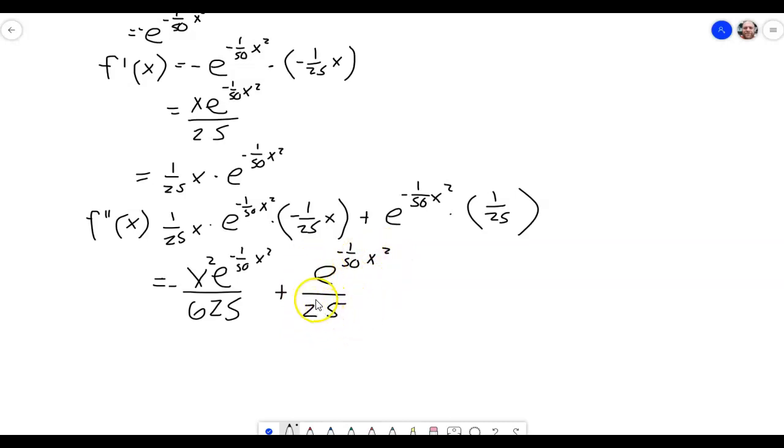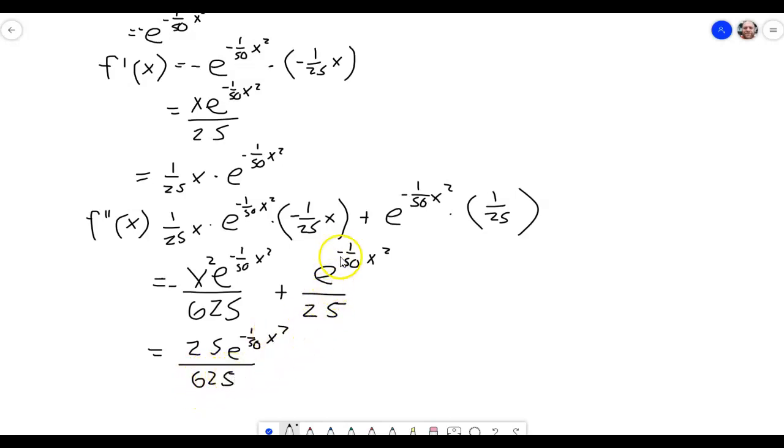And then I can multiply this by 25 over 25 to get a common denominator. So this will be, and I'll switch these around too, so I have the positive and then the negative. So this will be 25 e to the negative 1 over 50x squared all over 625.